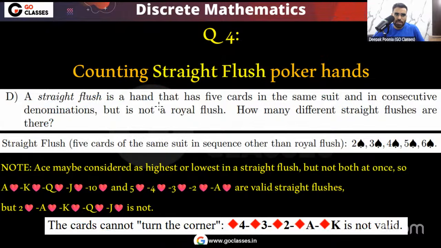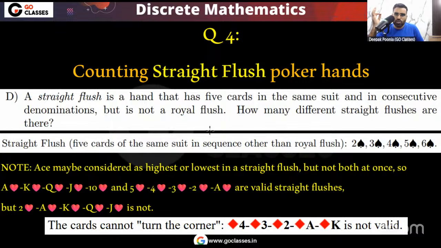A straight flush is a hand that has 5 cards, all in the same suit and in consecutive denomination, consecutive values, consecutive rank. But it should not be a royal flush.